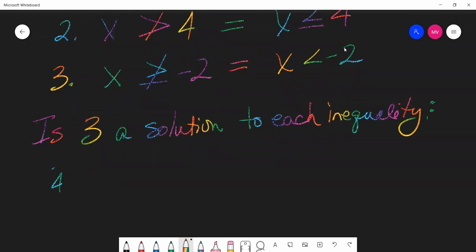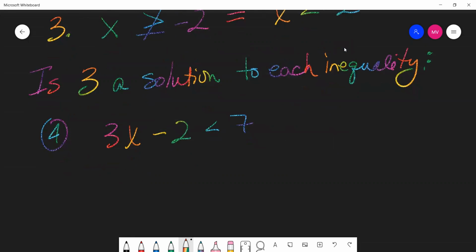Number 4 states that 3x minus 2 is less than 7. When it asks the question, is 3 a solution to this inequality, what it's asking is, if you plug the value of 3 into the x variable and solved it, would you have a true statement?